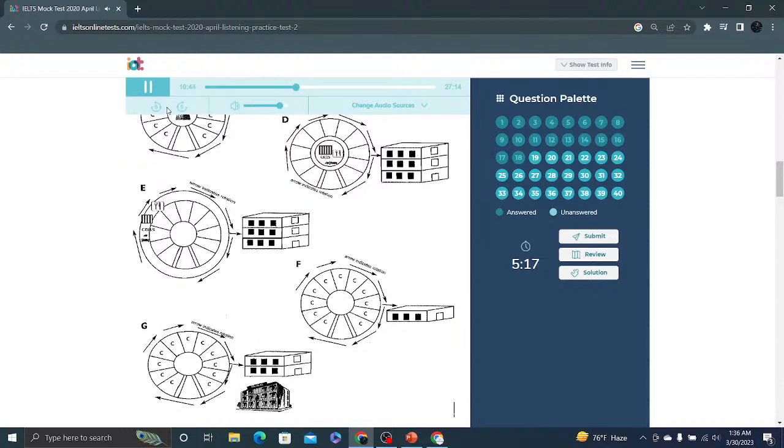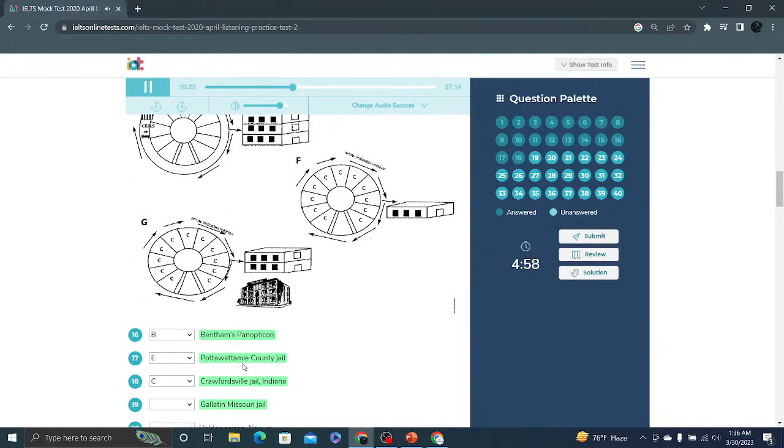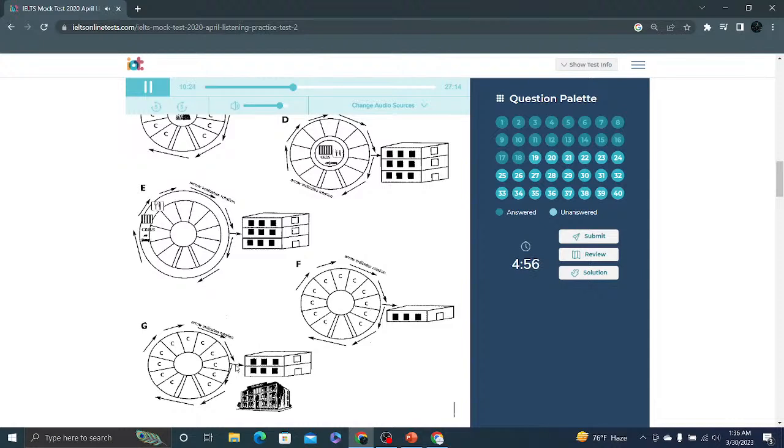All buildings now are disused as jails, and they function as museums. Only one was constructed on the panopticon design, in fact. The main difference between the three prison designs was in their size. The Pottawatomie County Jail was constructed on 3 floors, whilst the Crawfordsville Jail in Indiana was a 2-story prison, and the Gallatin, Missouri Jail only a 1-story prison.